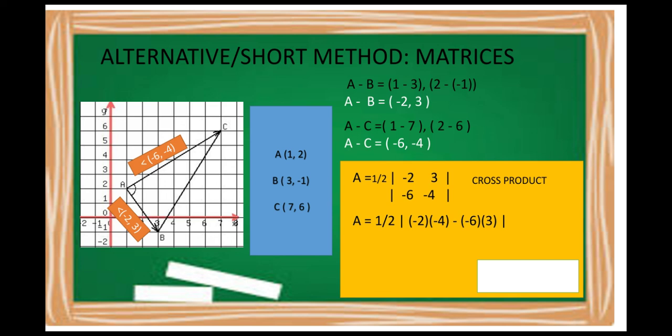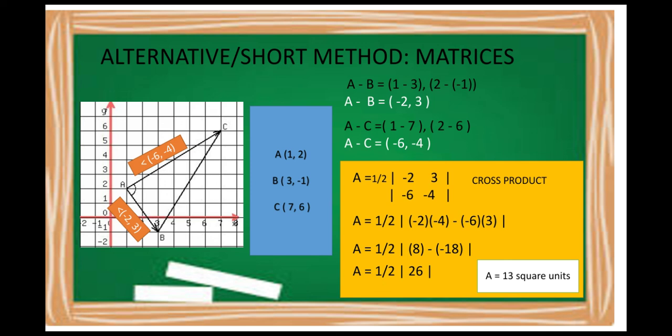Alright, so to simplify this one, -2 times -4 is 8, and then minus -6 times 3 is -18, and then 8 minus -18 will give you 26, and half of 26 is 13. So we got the same area, which is 13 square units.